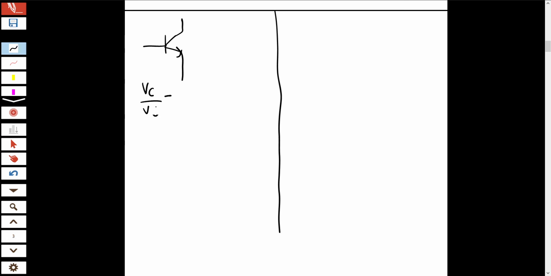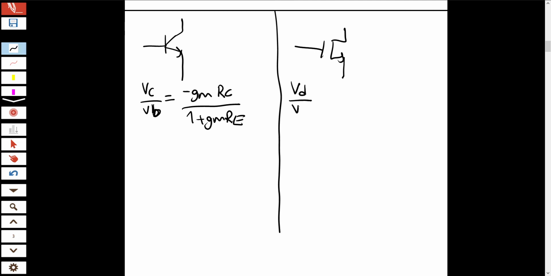It is the common emitter gain, and we have calculated it. It is minus gm R_C over 1 plus gm R_E. In its MOSFET equivalent, we have calculated V_drain over V_gate gain, and it was equal to minus gm R_D over 1 plus gm R_S.